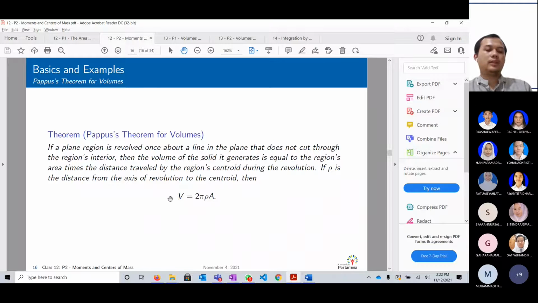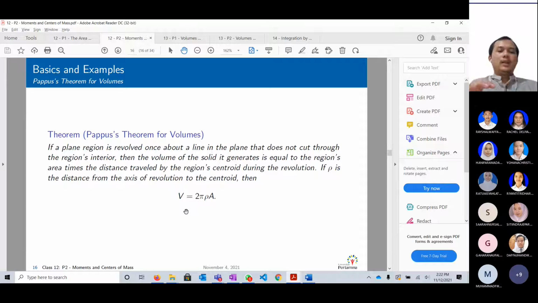So basically the volume is like this. What Pappus theorem says is, if you want to compute the volume of a donut, a donut is a circle that you revolve around the x-axis. There is a distance between the center of the circle and the x-axis. If you revolve it, you will make a donut, and you compute the volume this way.